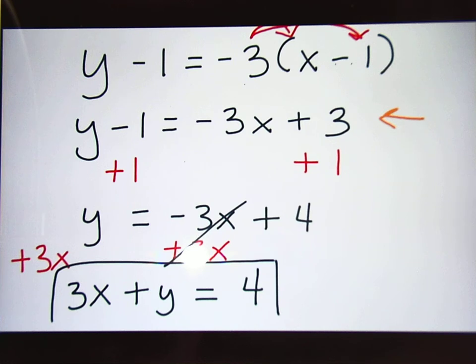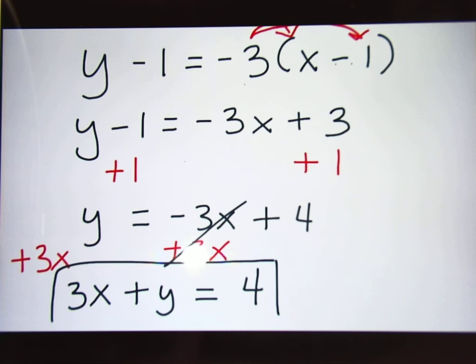So in this case, I'll want to go ahead and get rid of this constant. And so we can do so by adding 1 to both sides of the equation. And once we do so, we end up with y equals negative 3x plus 4. I'm almost there, but not quite. I want the variables to be on the left side and the constant to be on the right side.